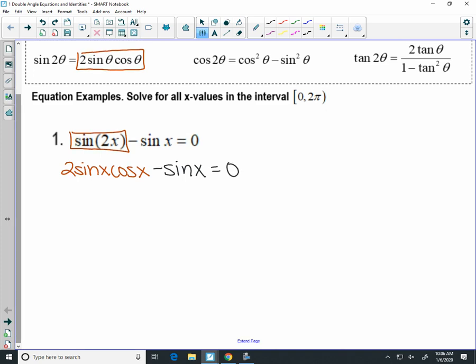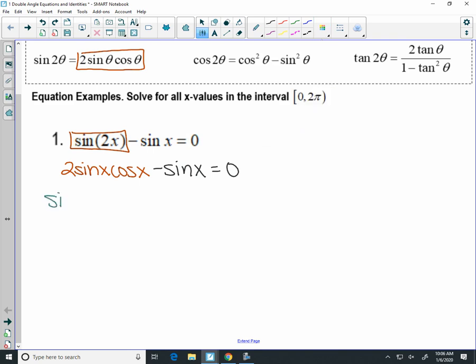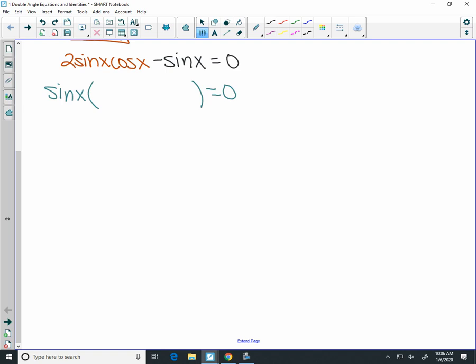What do I do from here to solve this equation? What do these two have in common? X. So I'm going to take out a sine of x. Remember, GCF is just fancy division. When I divide a sine of x out of my first term here, I'm left with 2 cosine of x.